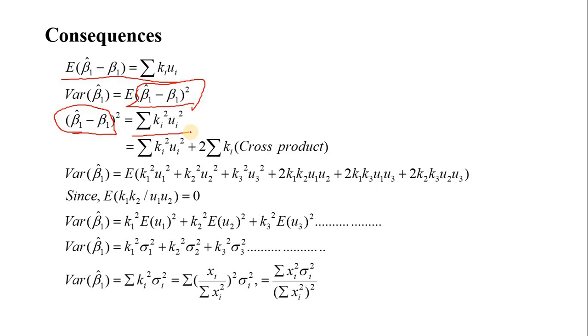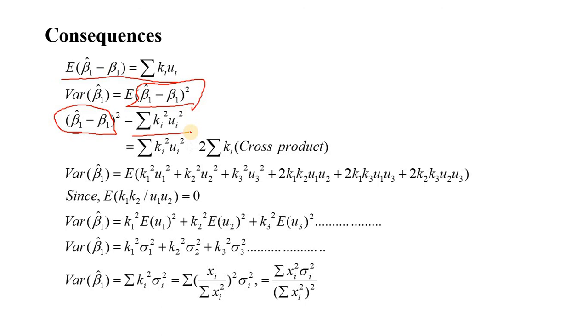Now, what is this sigma ki ui whole square? It is nothing but sigma ki square ui square plus 2 into sigma ki kj ui uj, which is just the cross product.